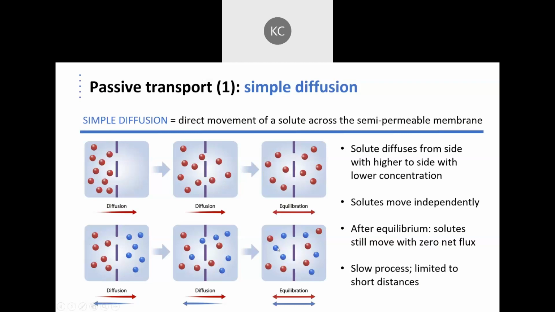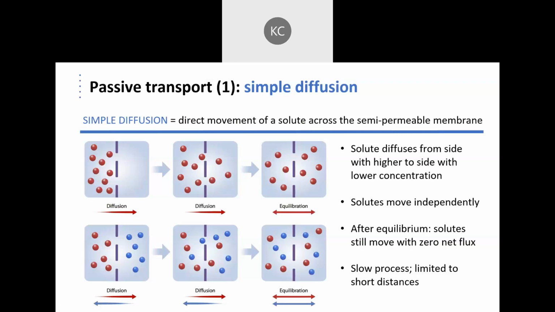Now, one important thing to keep in mind is that once they equalize, so in this case up here, they're equalized, in this case down here, they're equalized, they still are moving, okay? But they're moving with a net zero flux. Okay, so this concept here, zero net flux or net zero flux. What this means is that the net result is essentially nothing, okay?